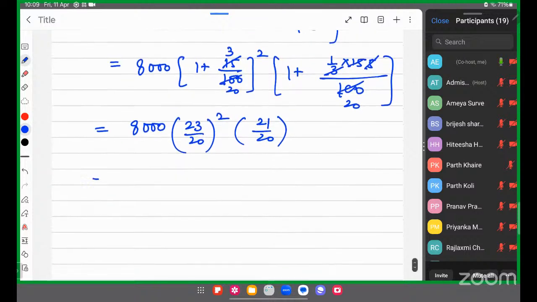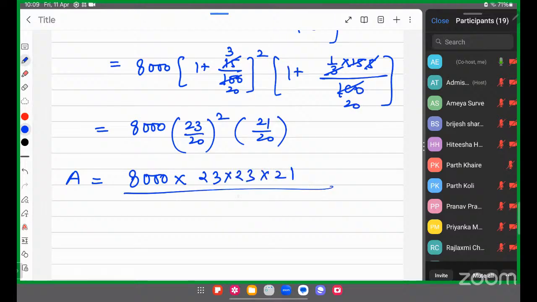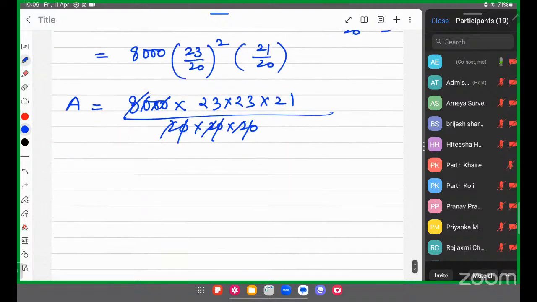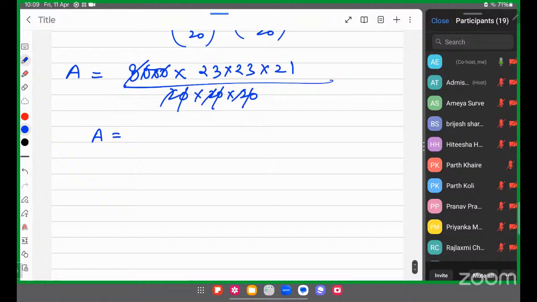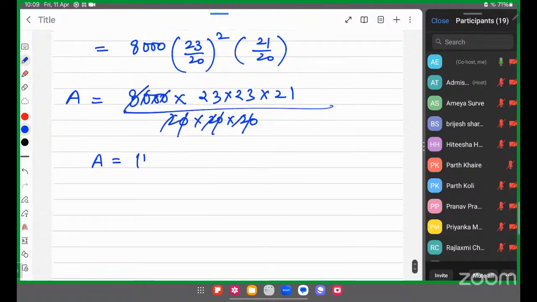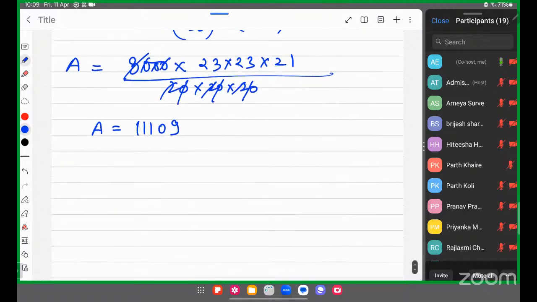Understood? So A will be 8,000 into 23 into 23, which is 529, into 21, divided by 20 into 20 into 20. So the 10s and 8s will cancel out. We will have A equals 23 into 23 into 21, which is 11109. Now compound interest CI is given by overall amount minus principal amount.